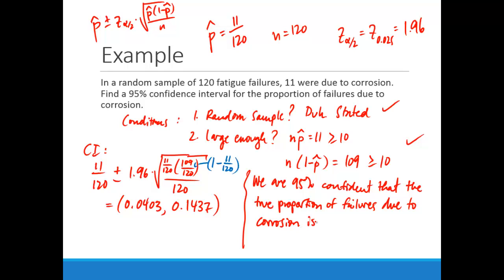So we're estimating that thing is between 0.0403 and 0.1437.